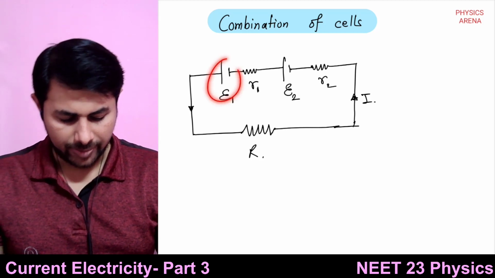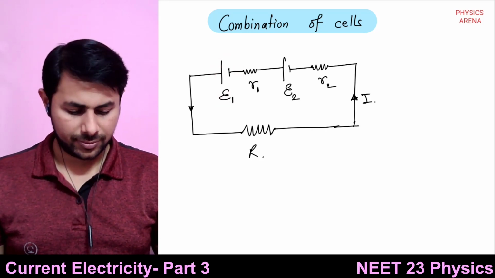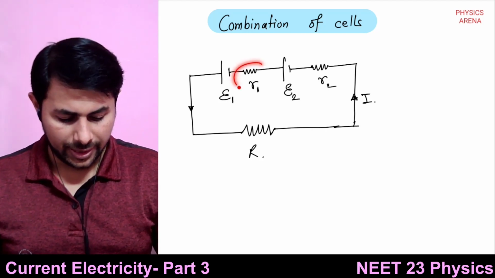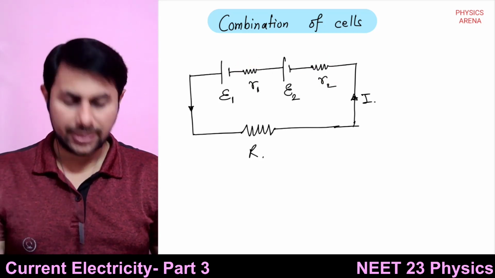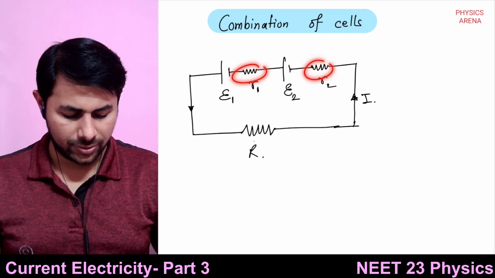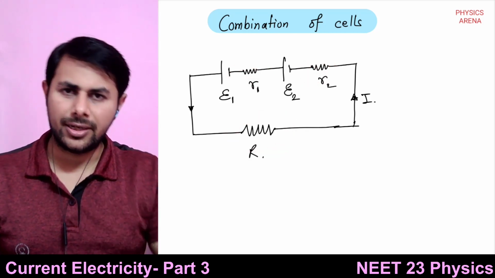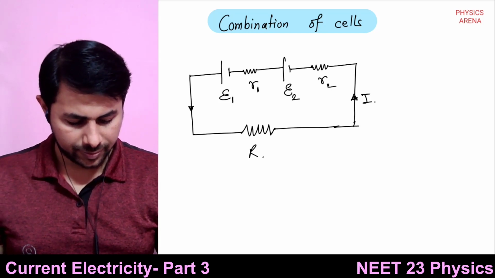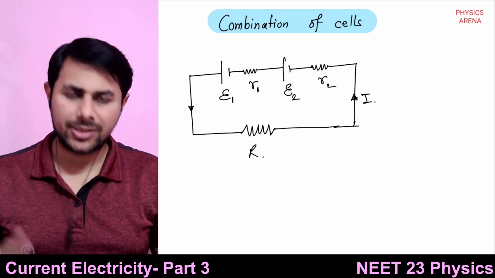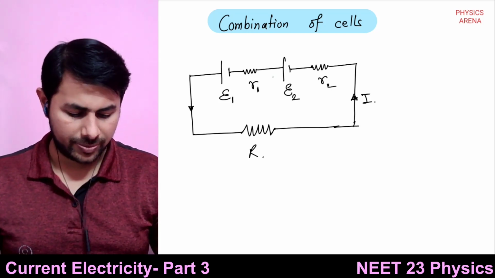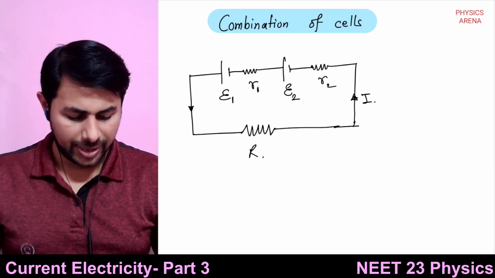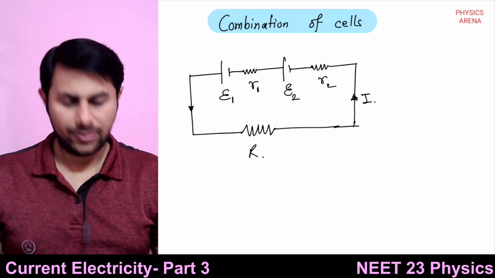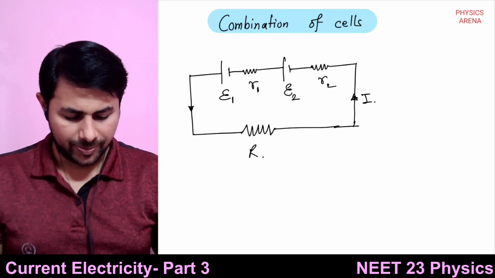The total EMF would have some value. Then the resistances R1, R2 and this R are connected in series combination, so the equivalent resistance of the series combination will be R1 plus R2 plus R. It is very simple.